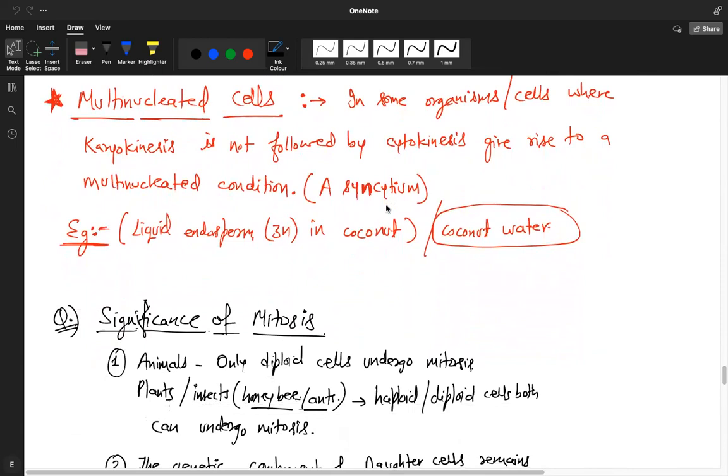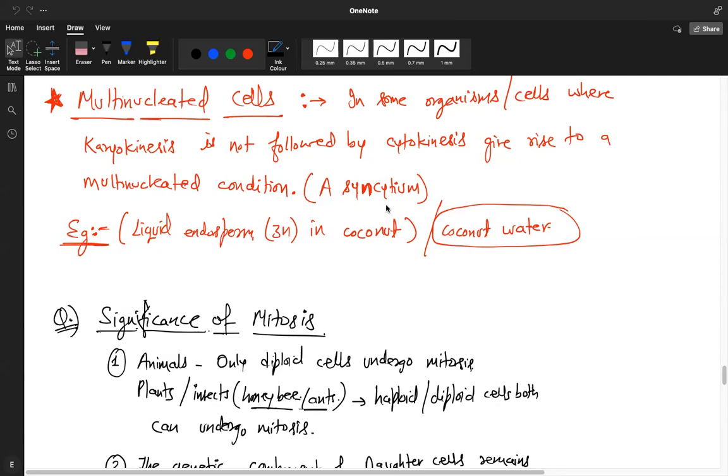Then we discussed multinucleated cells. In some organisms or cells, karyokinesis is not followed by cytokinesis, giving rise to a multinucleated condition, which is called a syncytium.